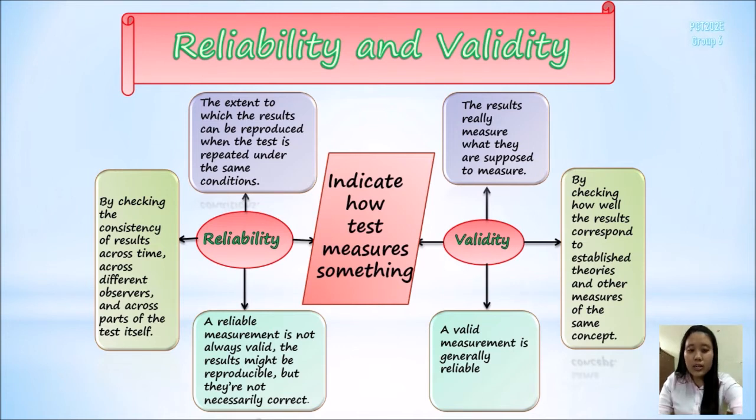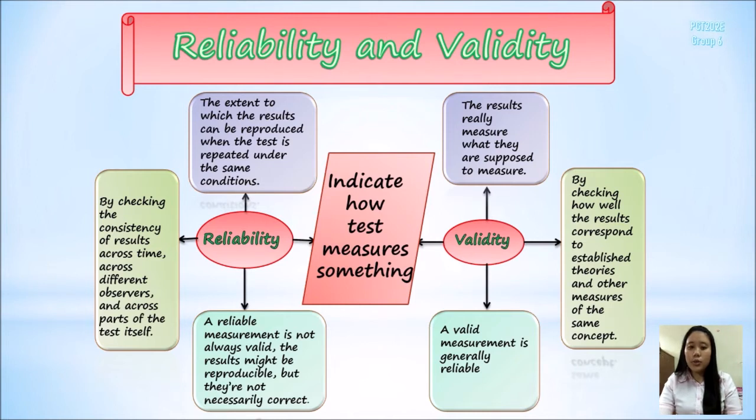It means that if we repeat the test several times and the results we obtain are similar or the same to each other, then we can consider it reliable. While validity refers to whether the results really measure what they are supposed to measure.